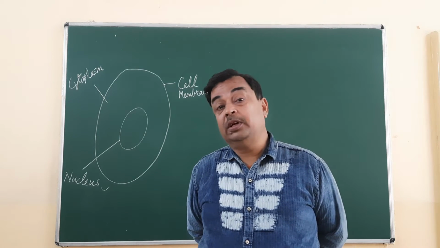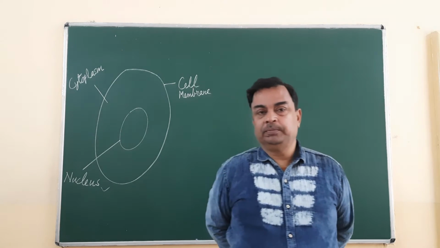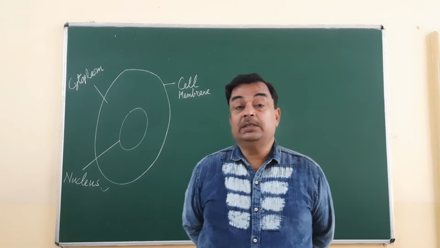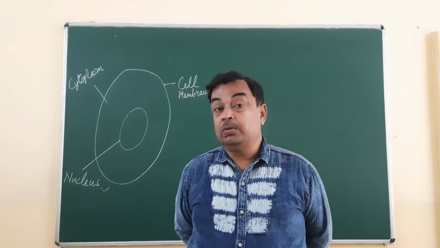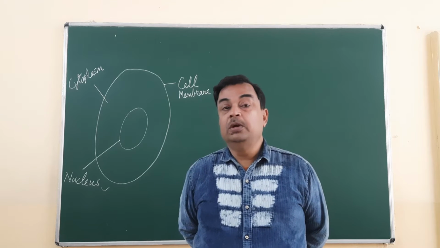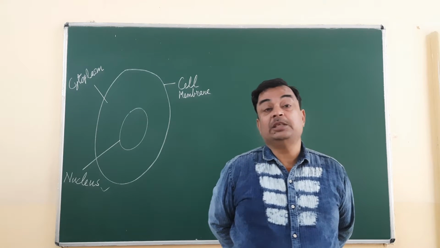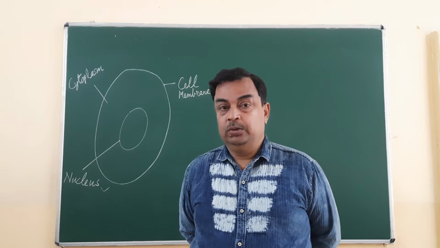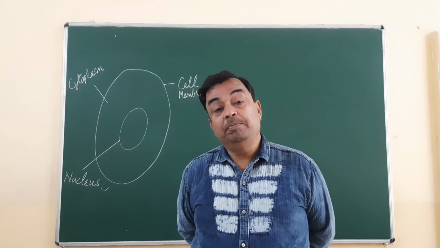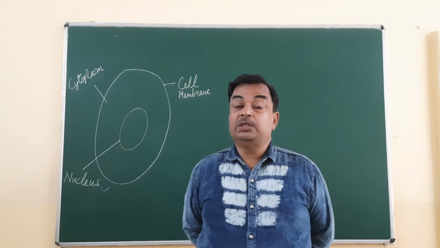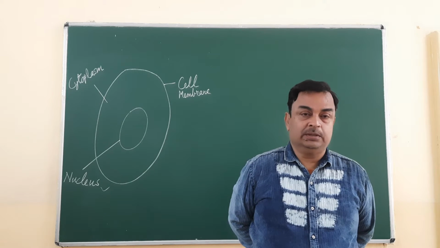It is also known as the master control center of the cell. It controls all the activities that take place inside the cell. So, it becomes very important to know the structure of the nucleus.